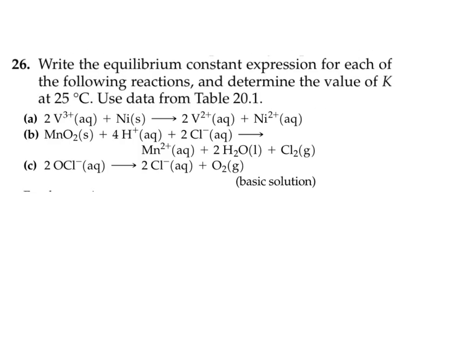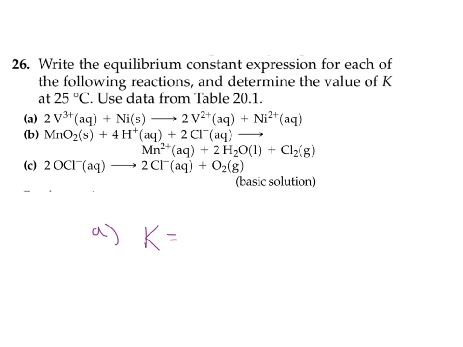So this is the first one. Write the equilibrium constant expression. So that's the K. It's the products raised to their stoichiometric coefficients divided by the reactants raised to their stoichiometric coefficients. So let's see if we can do the first one. Oh, and determine the value of K. Oh, drat.